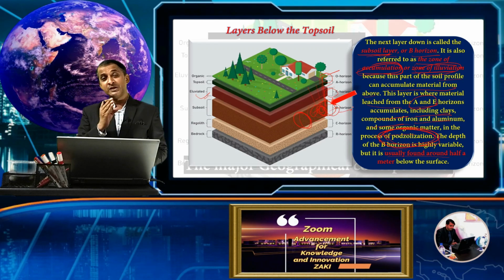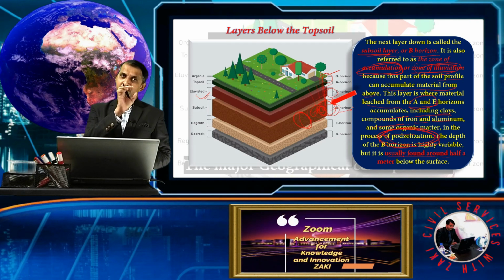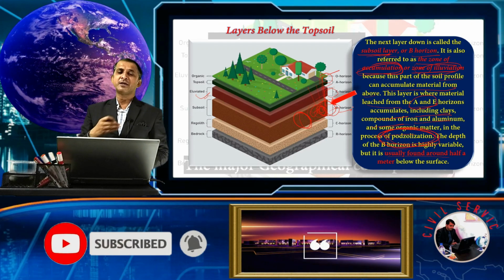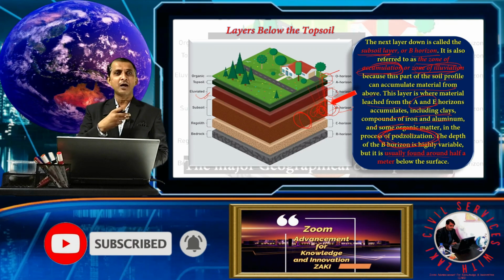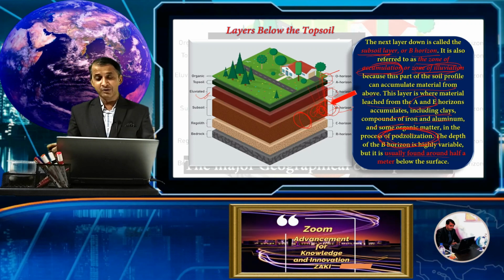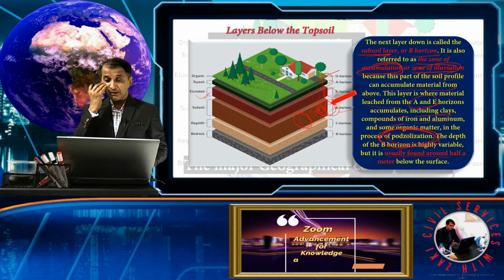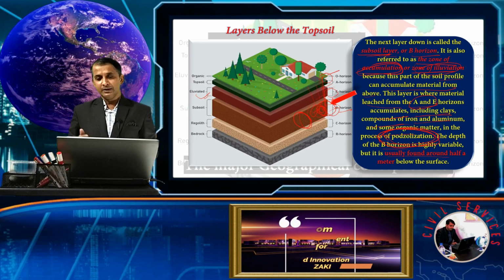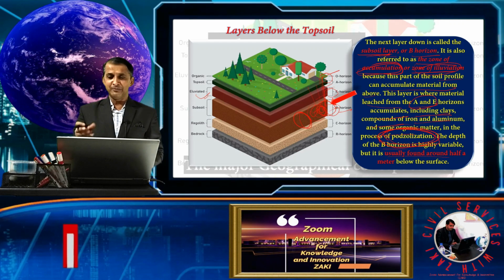As you know, soil profiles differ from area to area and climate to climate, because in some areas the soil profile cannot develop and in some areas it is well developed. But it is basically half a meter.